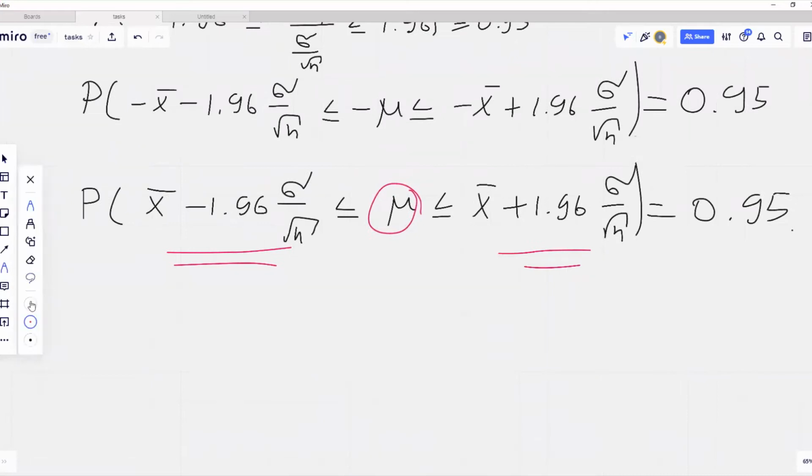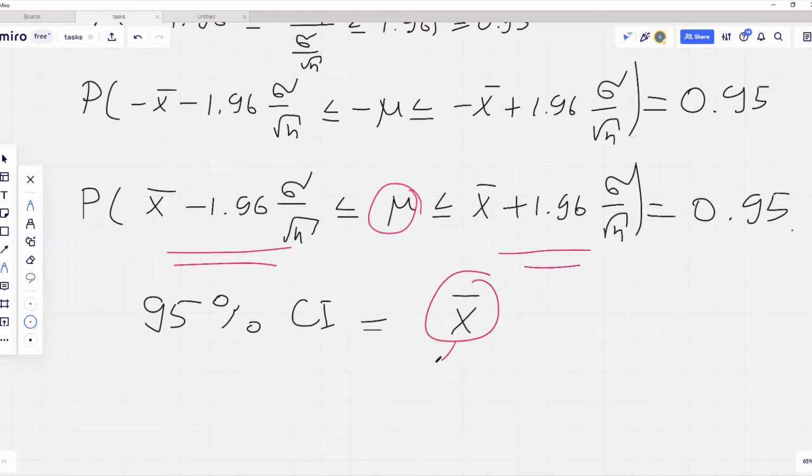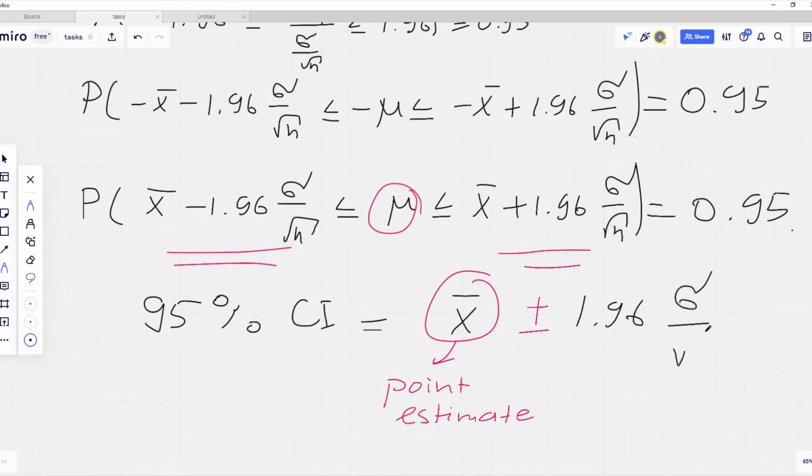So our 95% confidence interval is given as X bar, which is our point estimate, plus minus 1.96 sigma over root of n.